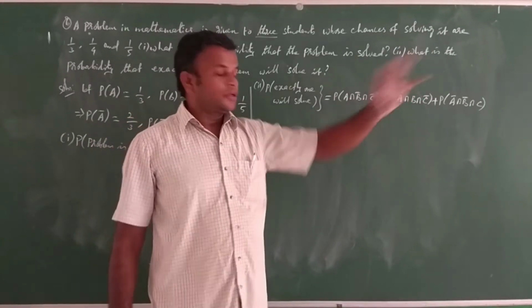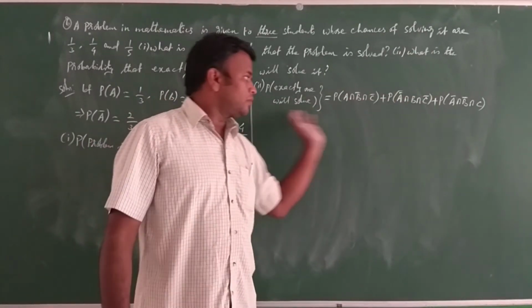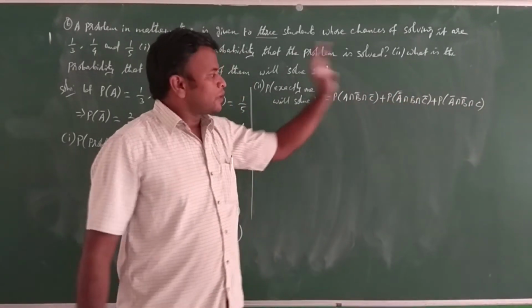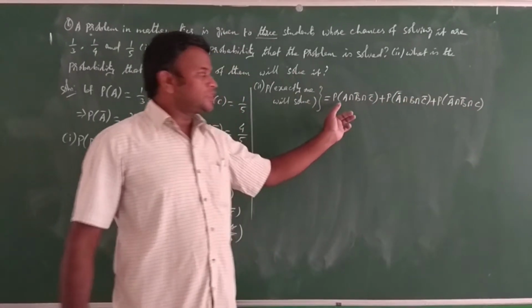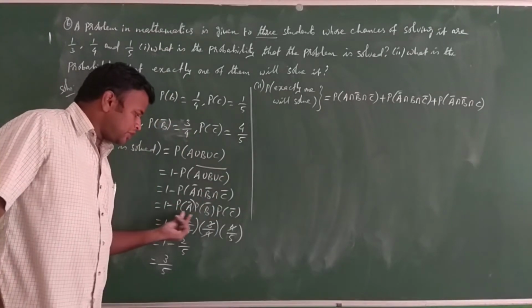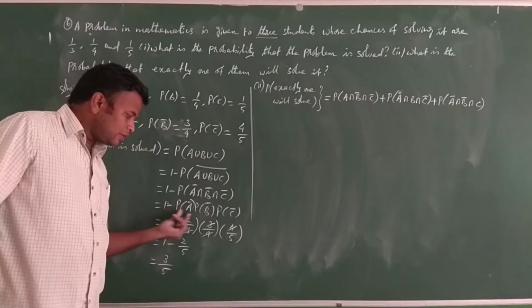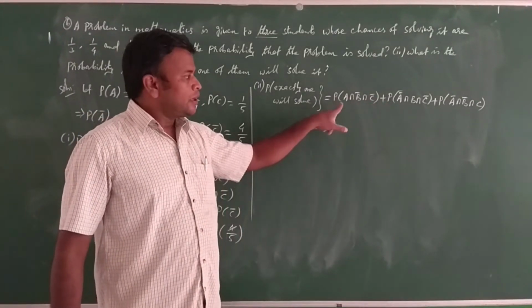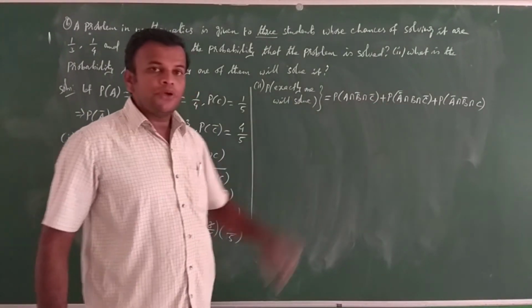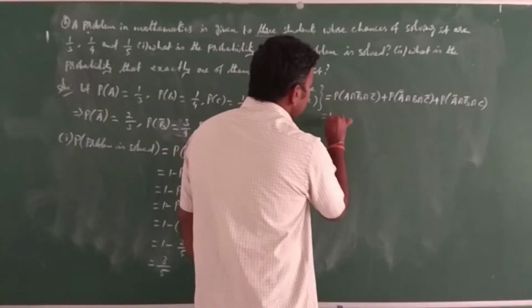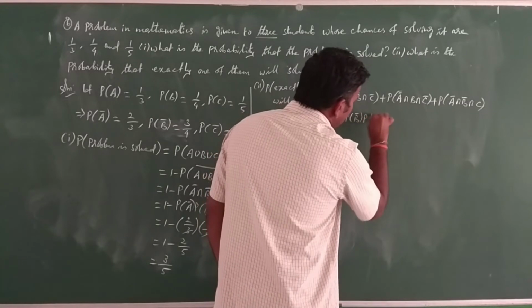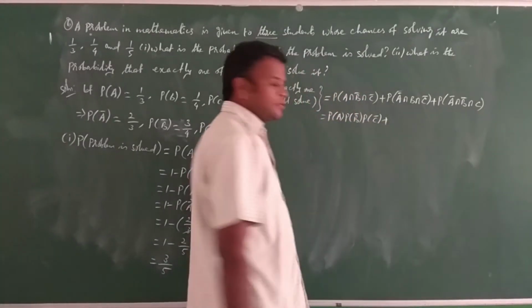All the events are independent. So for independent events, we write in separate form. We can already elaborate, so I directly write the answer: P of A into P of B bar into P of C bar.